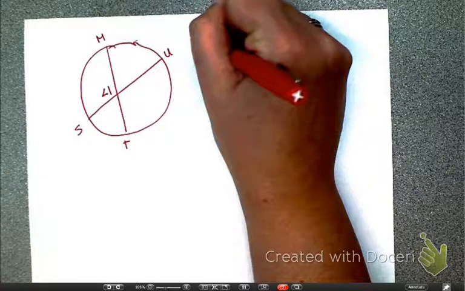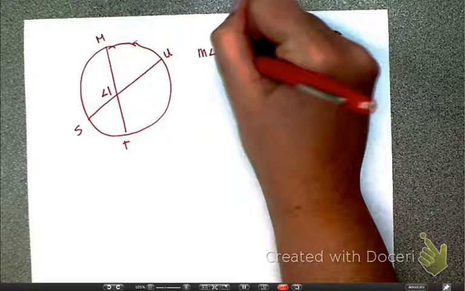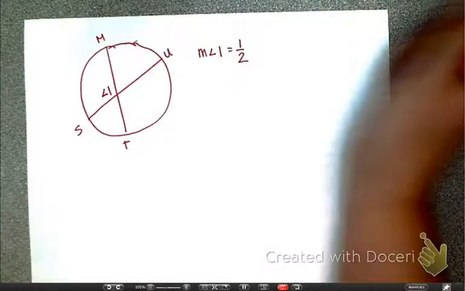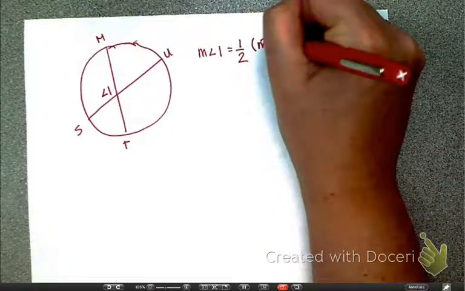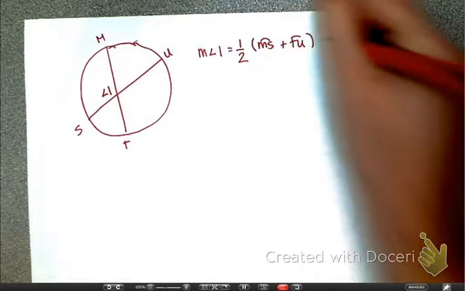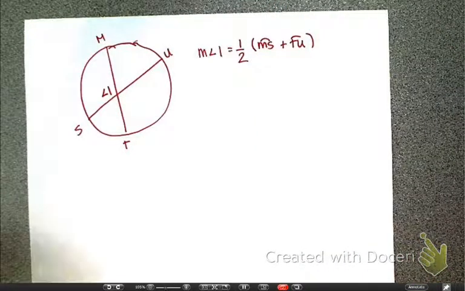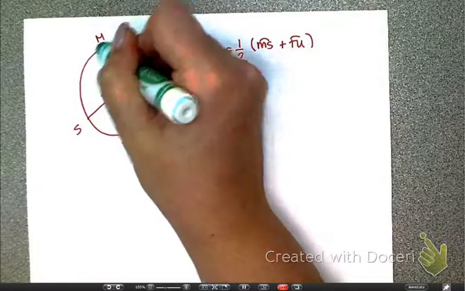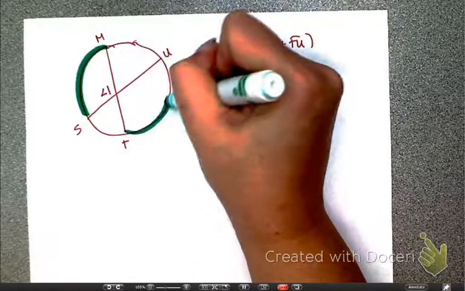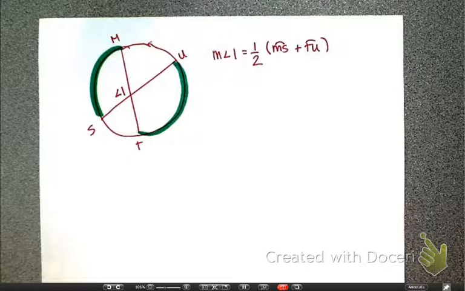So if you're looking for the angle, you take half of the sum of the arcs. So this arc and this arc. So if the angle is on the inside of the circle, you are going to add the arcs together. Okay?